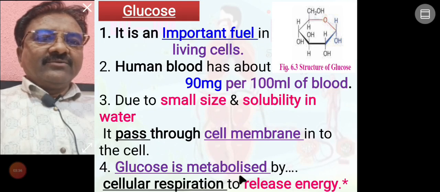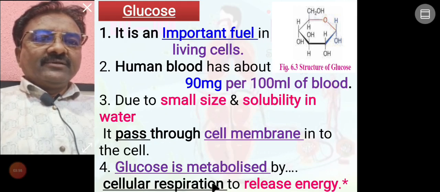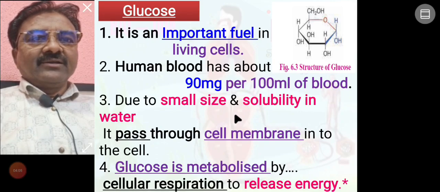Inside the cell, glucose is metabolized with the help of oxygen, called cellular respiration. In that process, energy is released in the form of ATP. So glucose is metabolized by cellular respiration to release energy. Up to here, glucose is one of the monosaccharides, a 6 carbon compound.